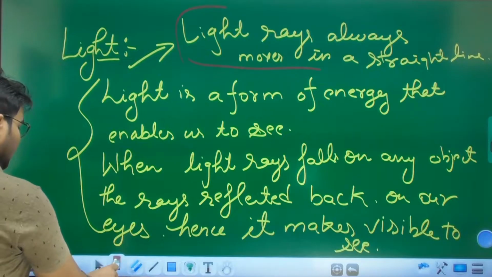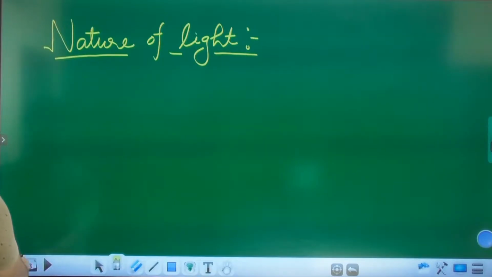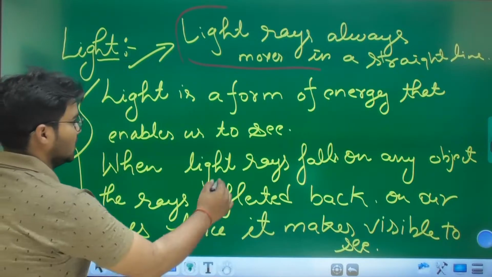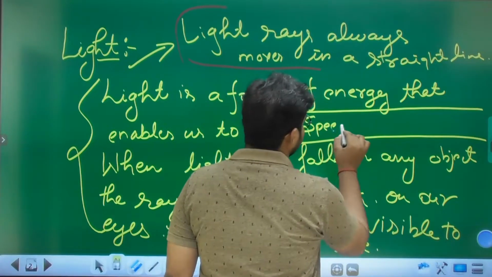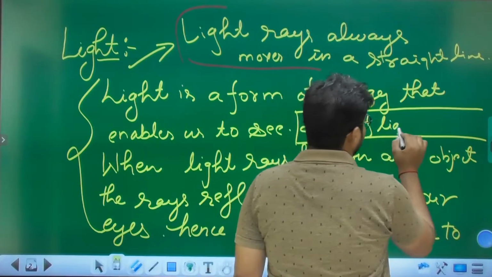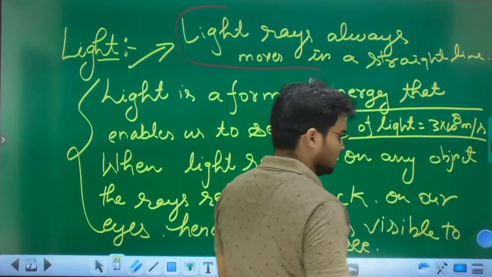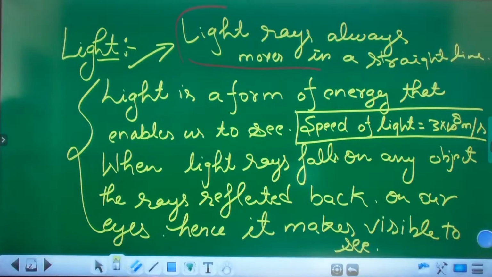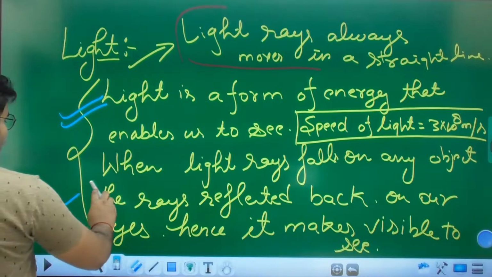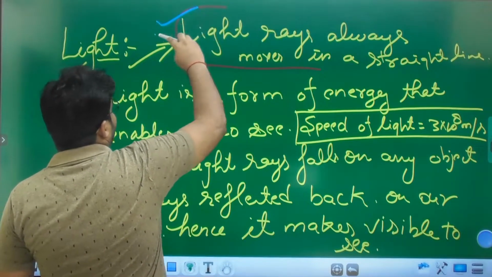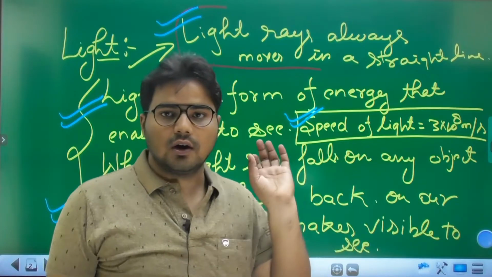And one other point: speed of light equals 3 into 10 power 8 meter per second. So you have to note down 4 points here. First one is what is light and how it enables us to see, then the nature of light, and some of the characteristics. These 4 points you have to note down in your notebook.